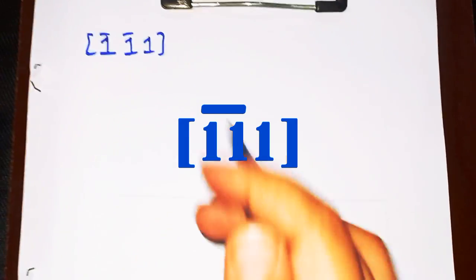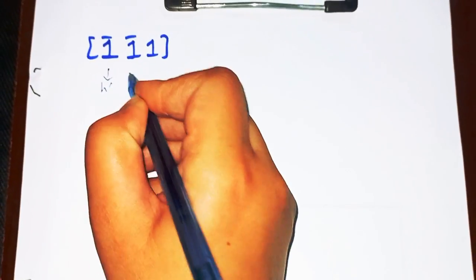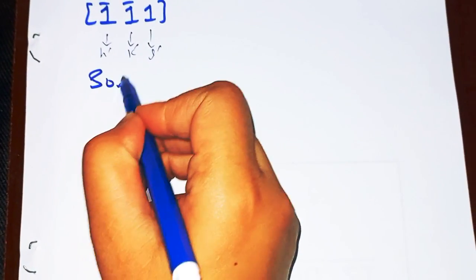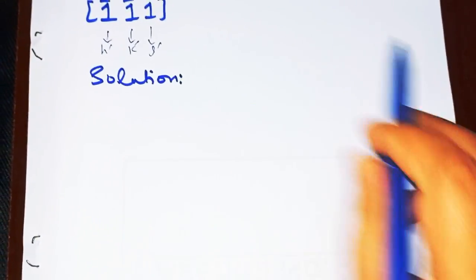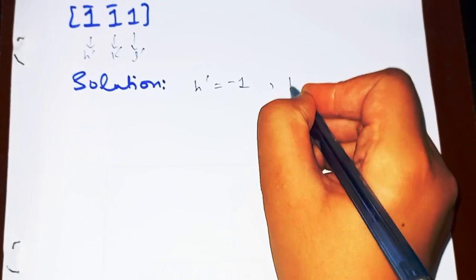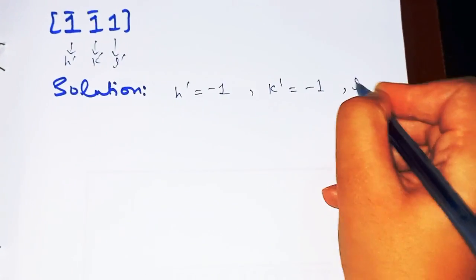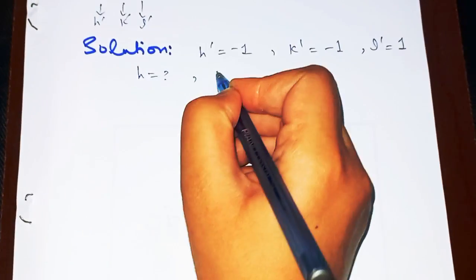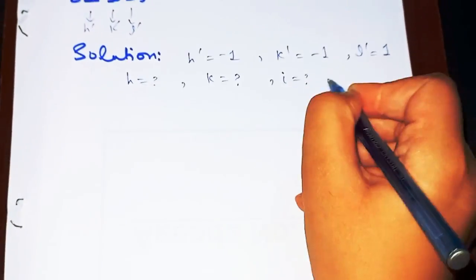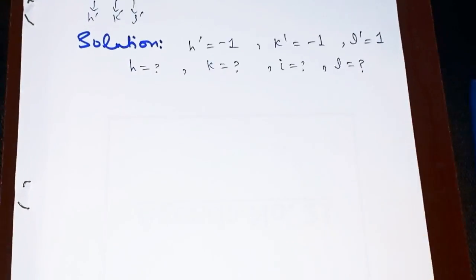This is actually the last set. This is h prime, k prime and l prime, and we have h prime equal to -1, k prime is -1, l prime is 1, and again we need to calculate h, k, i and l.